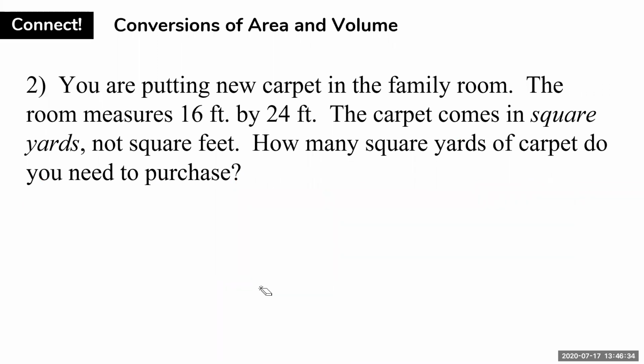Now, you're putting a new carpet in the family room. The room measures 16 feet by 24 feet. The carpet comes in square yards, not square feet. How many square yards of carpet do you need to purchase? So you change 16 feet into yards and you change 24 feet into yards, you multiply and you get a square yard.